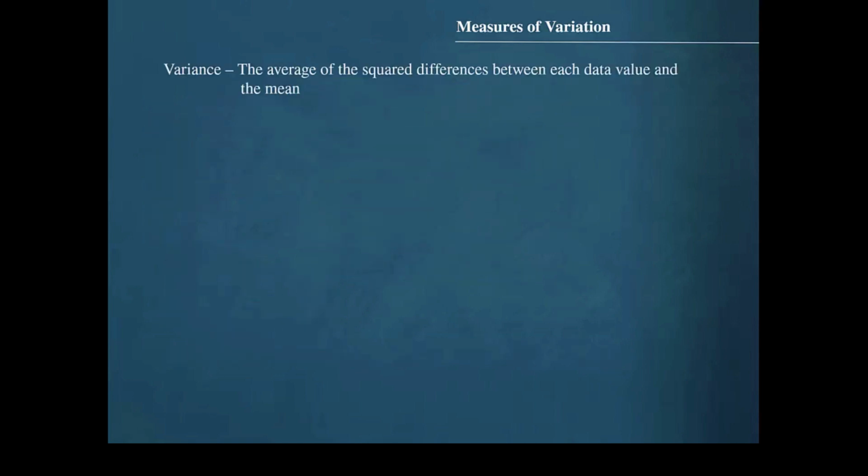One of the measures that is used to quantify variation in a data set is called variance. The variance is the average of the squared deviations between each data value and the mean. In order to find the variance, we will follow a process.